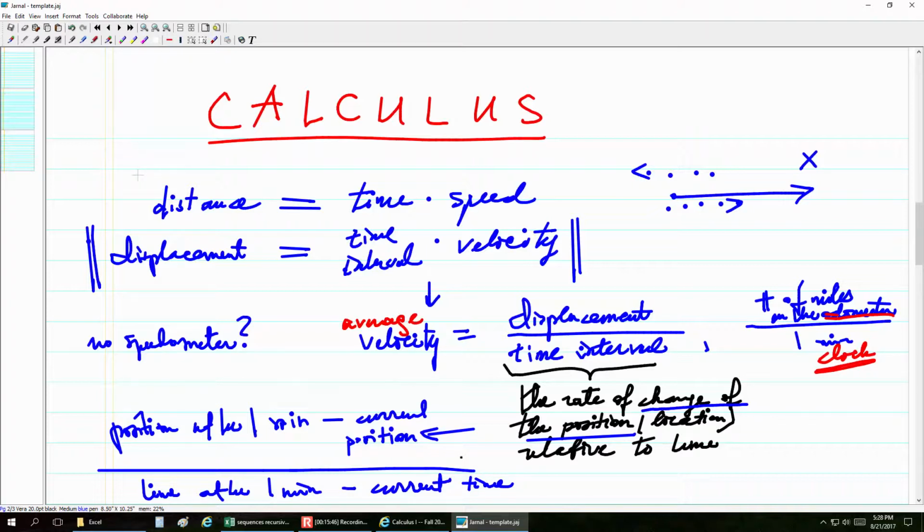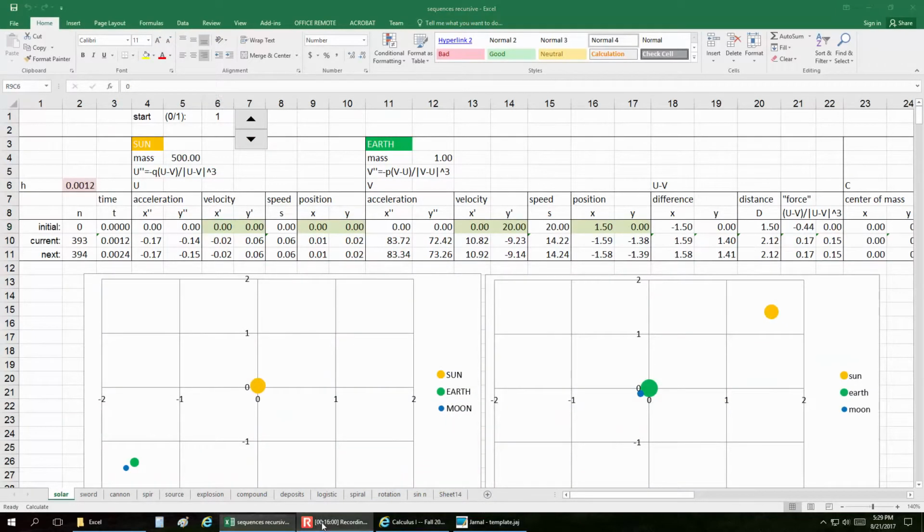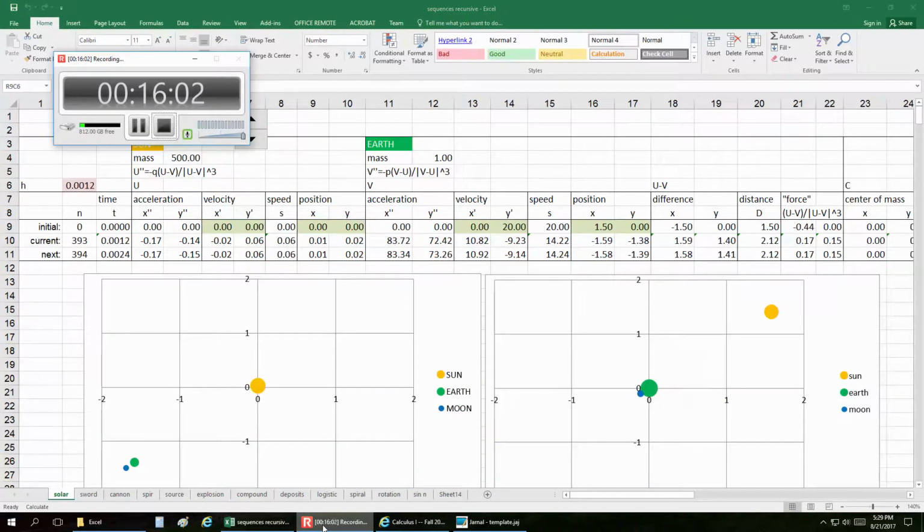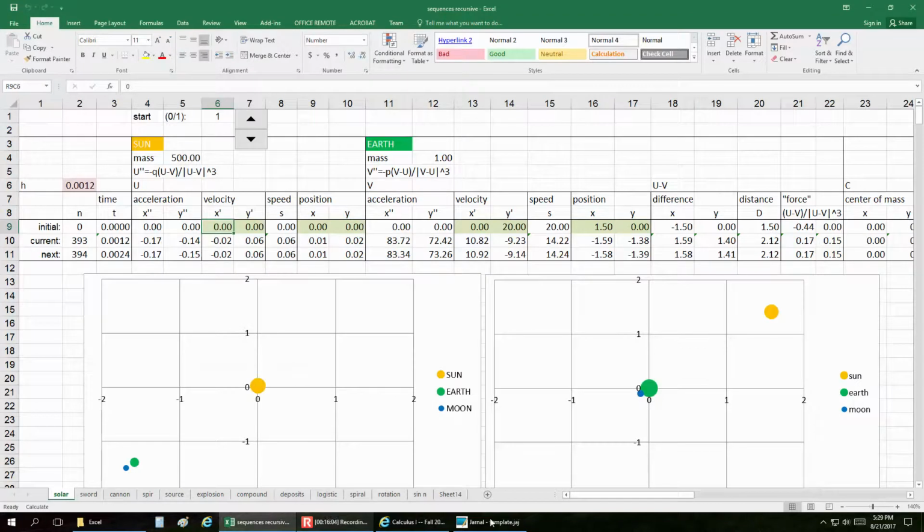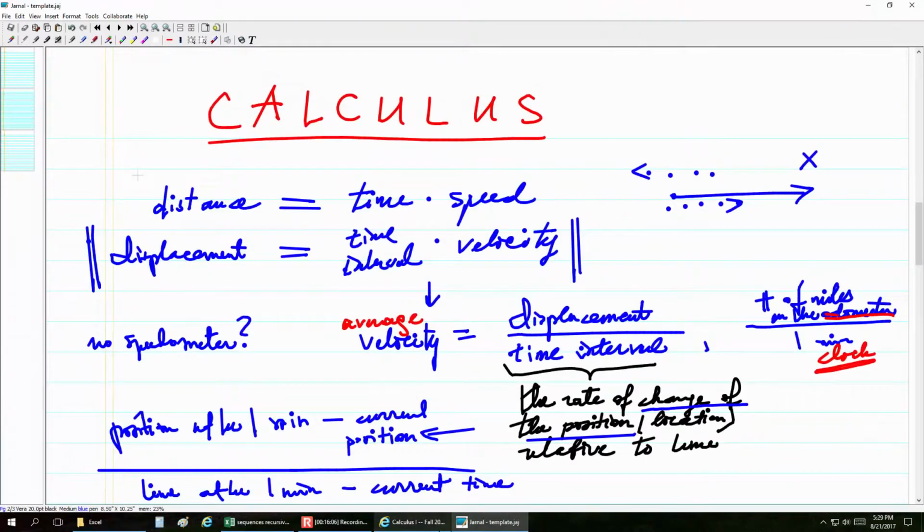So this is the starting point of calculus. If we want to get slightly ahead of ourselves, what will come up later on is the problem where we go in the opposite direction.